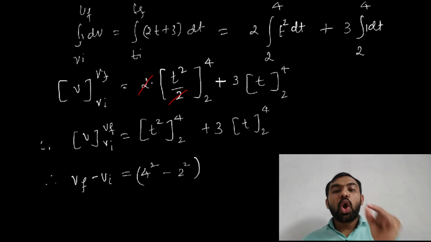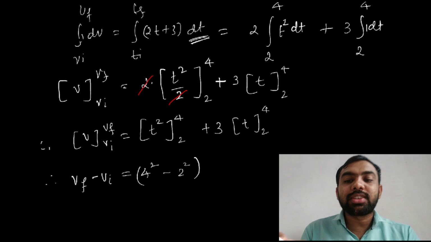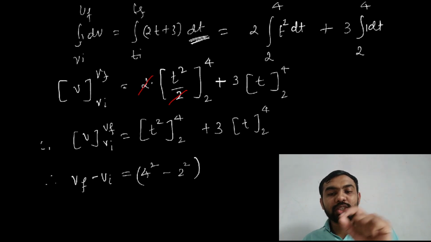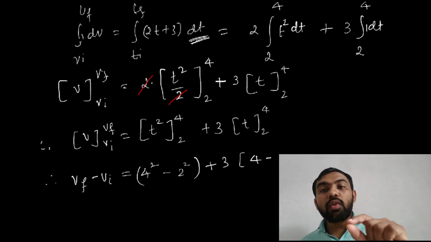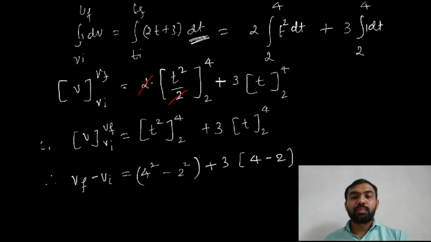I am telling all of you, you only replace the given terms. What is given here? t. So in the limit you only replace the t square as it is. So 4 square minus 2 square plus 3, you replace t by 4, so 4, before you put the lower limit, put the negative sign, so minus 2.